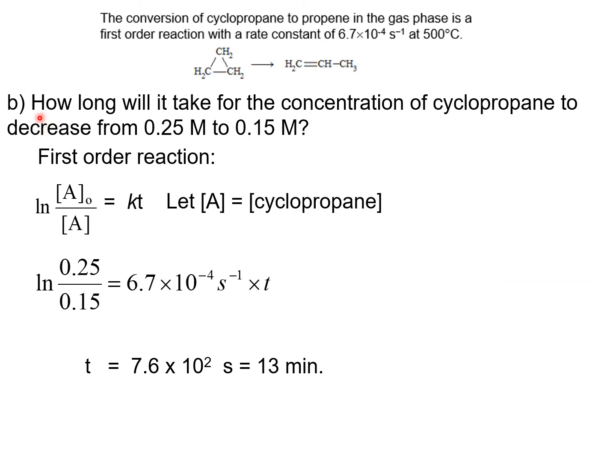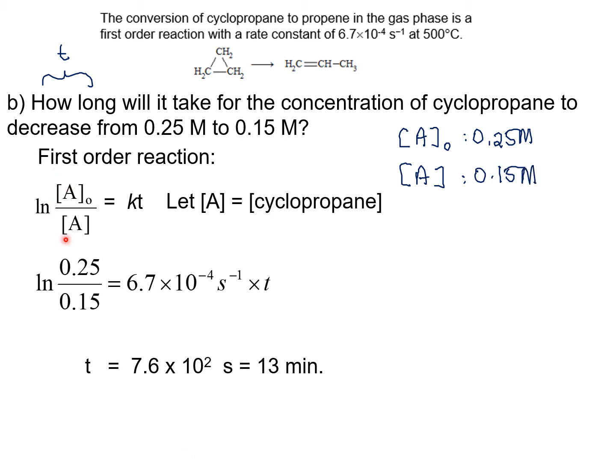Okay, next the question asks, how long will it take for the concentration of cyclopropane to decrease from 0.25 molar to 0.15 molar? The question asks how long, which means it wants you to find the time. Since you let A equal cyclopropane, when the concentration of cyclopropane decreases, the initial concentration is 0.25 molar and the final concentration is 0.15 molar.